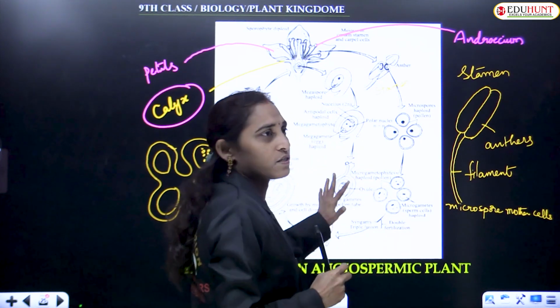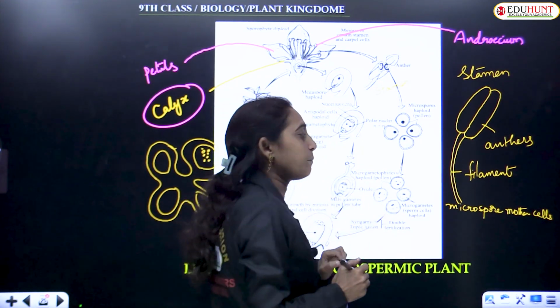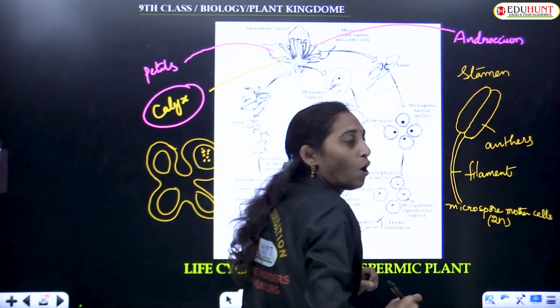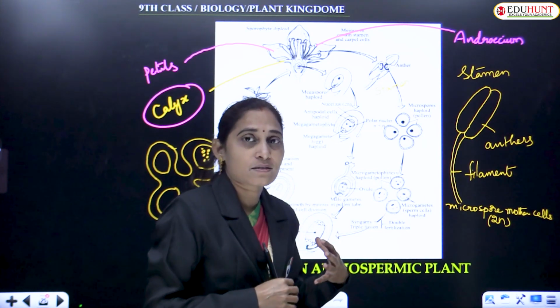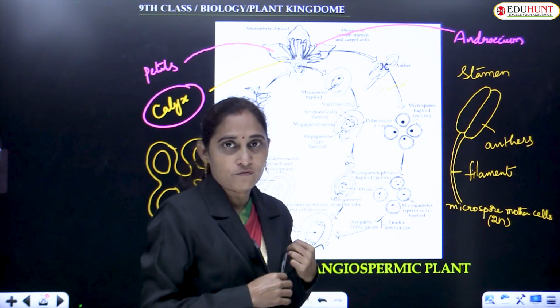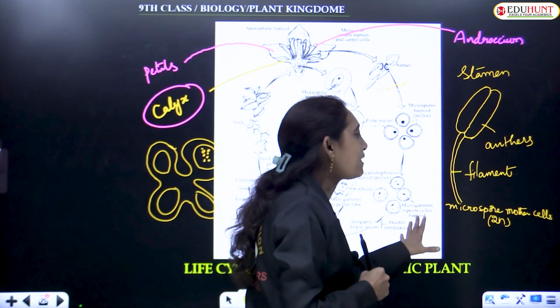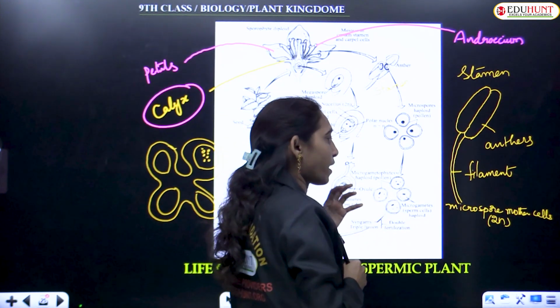All the structures I have explained till now are diploid structures. Diploid structures are those in which all the cells of these organs possess two sets of chromosomes, until the microspore mother cell production.